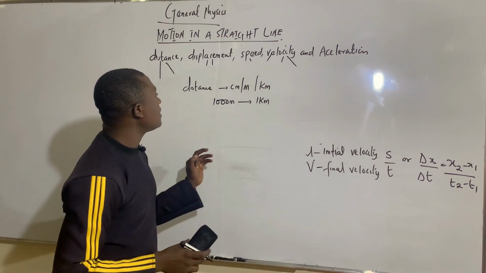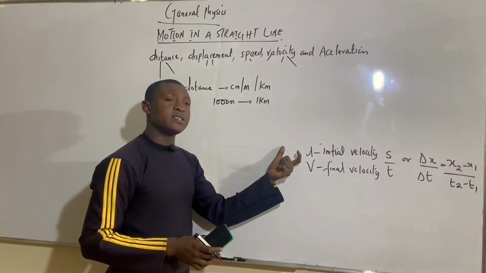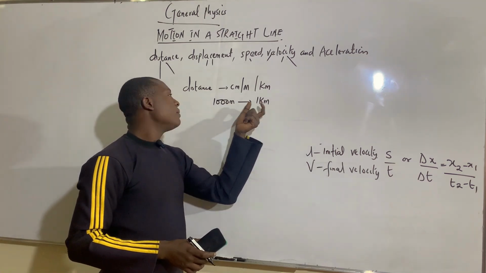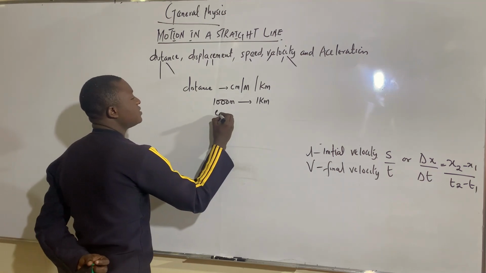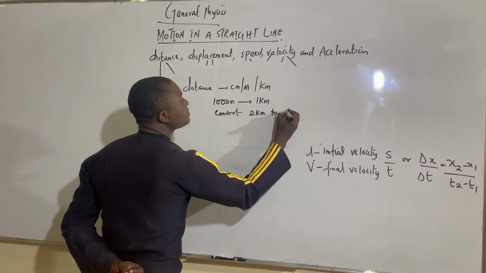If you are solving a problem where the value is in meters and you have to convert the answer in terms of kilometers, you can make use of this approach: 1,000 meters makes 1 kilometer. Let's say, for example, we want to convert 2 kilometers to meters.